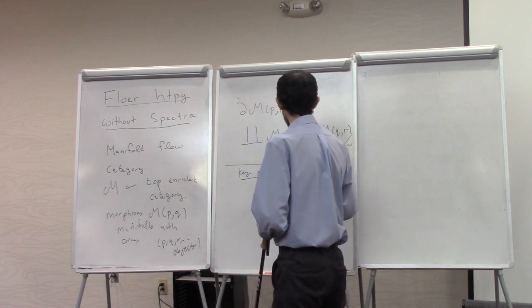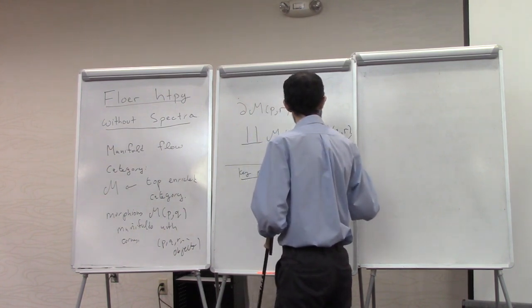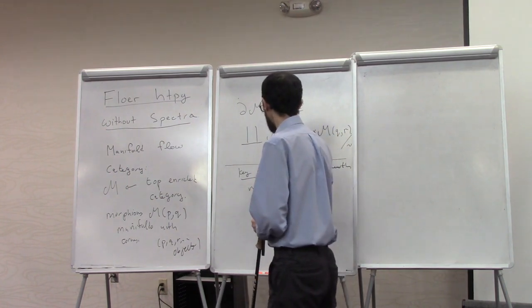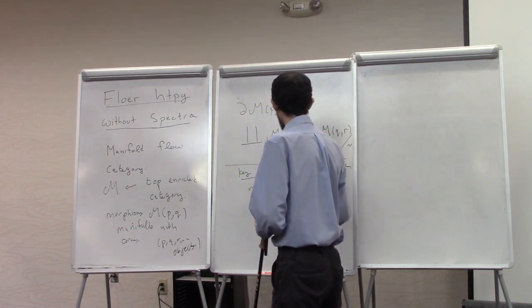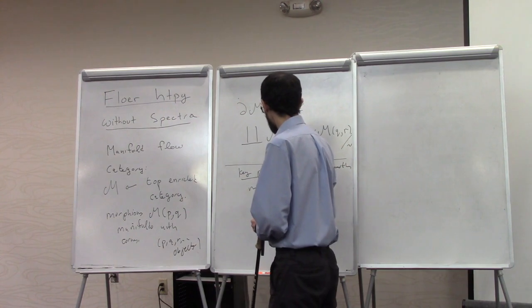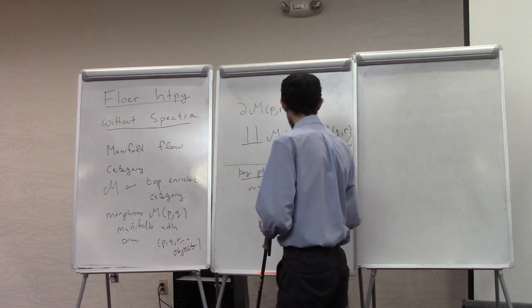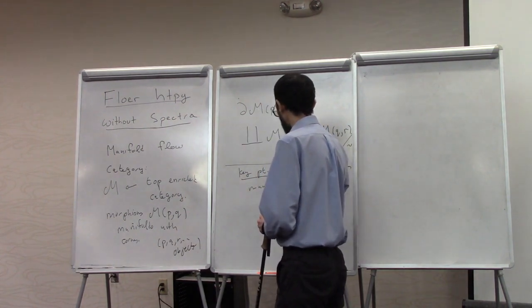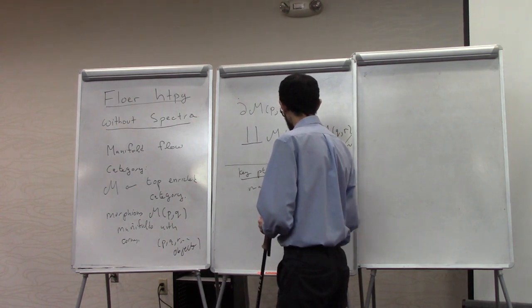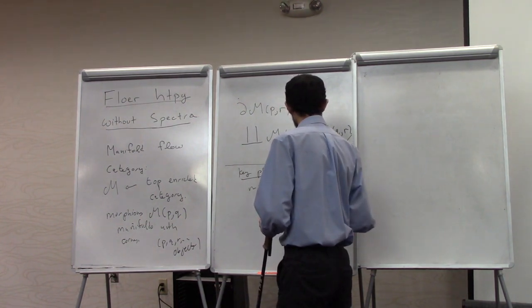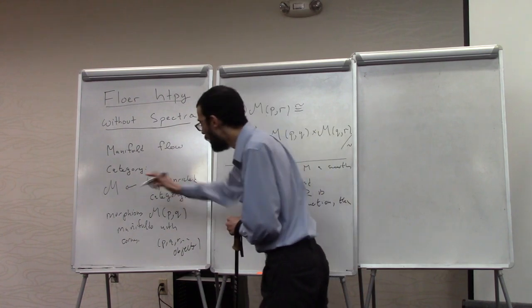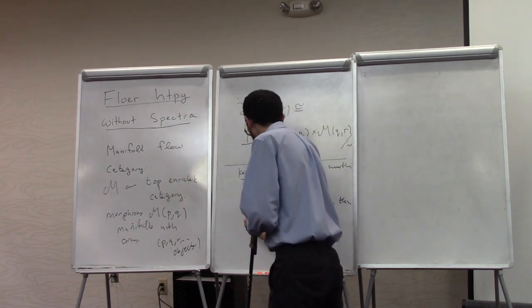you take a smooth manifold, and let's say f from M to R is a Morse function. Then you can form a category from this moduli space.